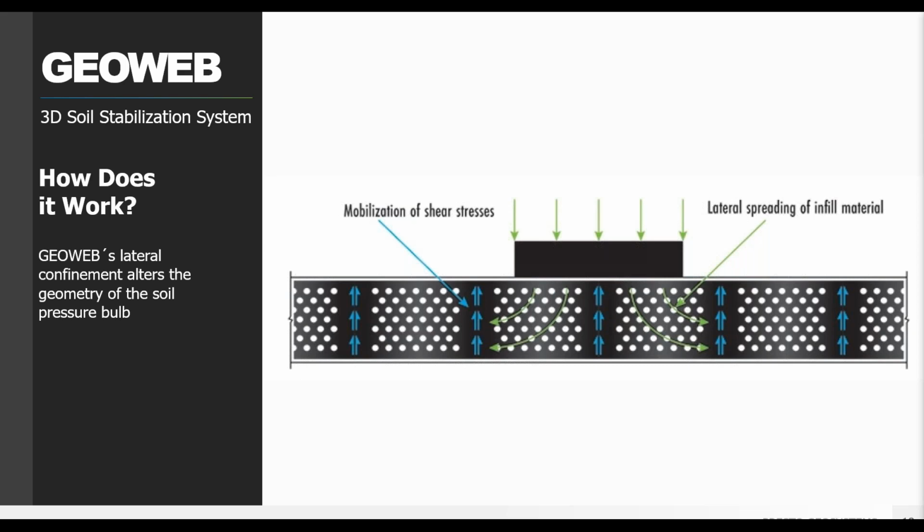So when the load is applied to a geocell reinforced layer, the lateral earth pressures develop within the infill material, which is confined laterally by the geocell walls against movement, in turn developing an upward shear resistance along the wall interfaces throughout the interconnected network of the cells.